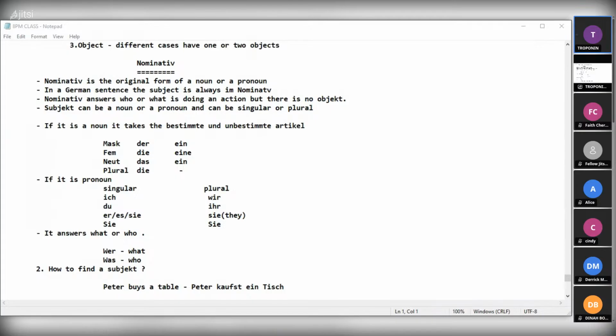Now I want to focus on grammar and exam preparation. Grammar, exam preparation, until we finish the syllabus. So is that okay? So let's see. How to find the subject? To find the subject, use this question.